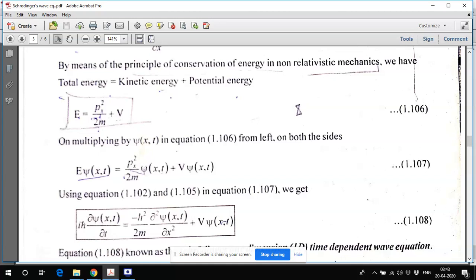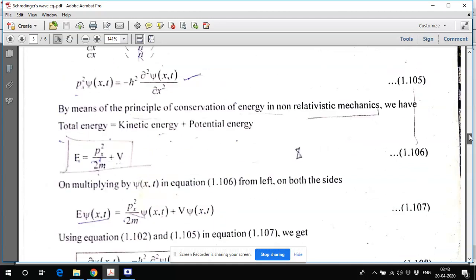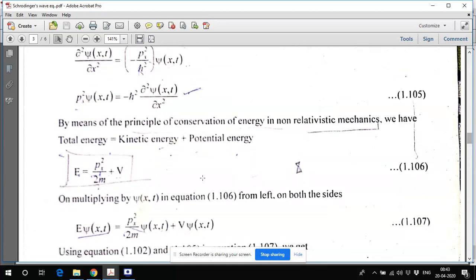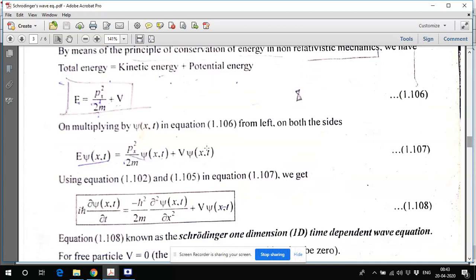In place of Px squared, we know this quantity: minus ħ squared ∂²/∂x². So I am writing minus ħ squared ∂²/∂x², and this 2m is here. In this equation we have just replaced E with the operator value, and Px squared with the value we have calculated. So this equation is known as the Schrodinger equation.